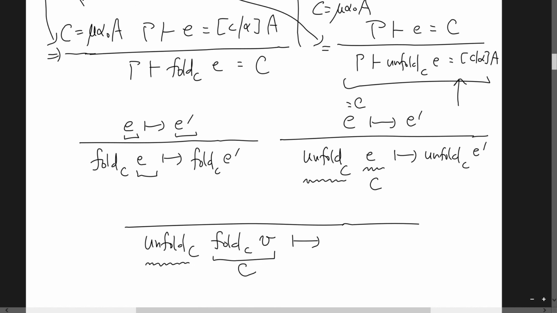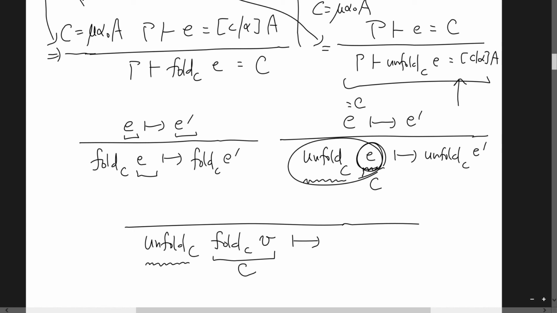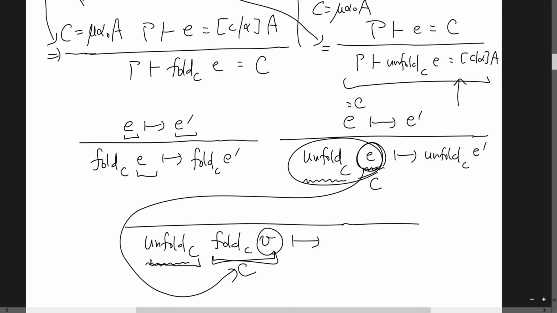So if everything goes okay, if this expression is well typed, then thanks to type safety, this expression E will eventually produce this fold expression. In that case, we fold this value and then unfold. So these two functions cancel each other in some sense. So you will produce value v. So that's the reduction rule.